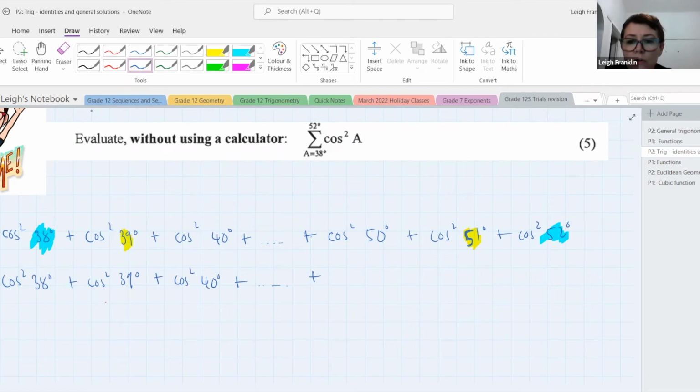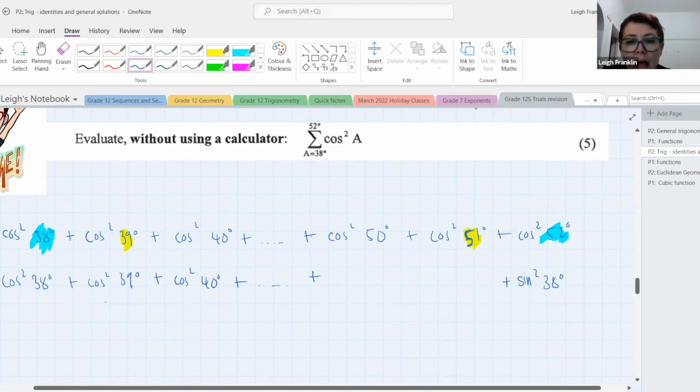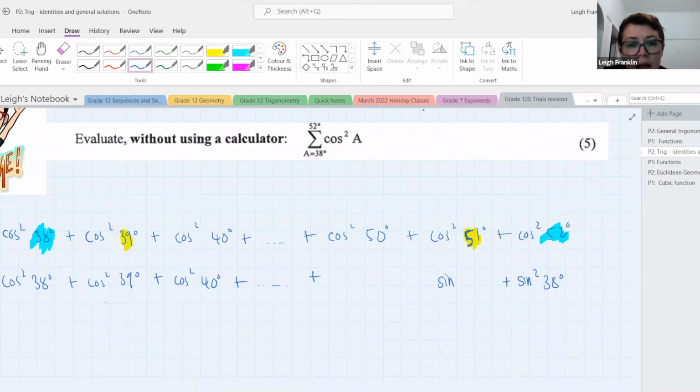Cos squared 52 is the same as sine squared 38, and cos squared 51 is the same as sine squared 39, and cos squared 50 is the same as sine squared 40. And so we would continue to go back like this.